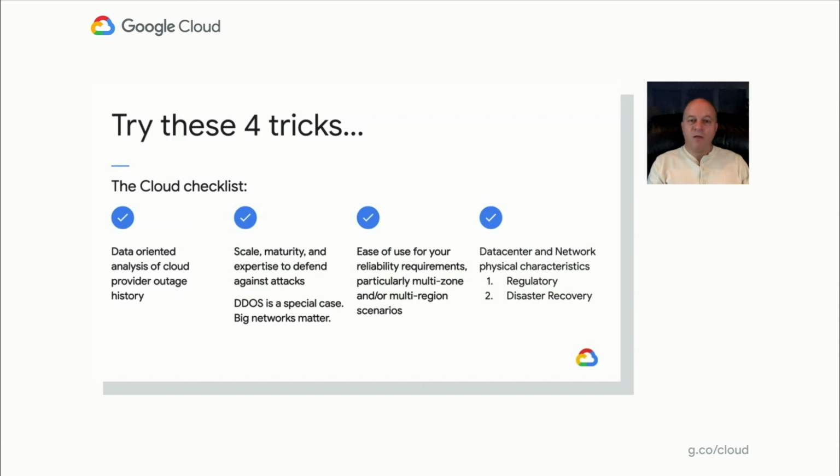Or similarly, if there's been a major shift of demand as a result of, for example, COVID, right? Does the provider have the experience and the track record of being able to continue to provide resources for your application when and where you need them, despite this unusual surge in demand?